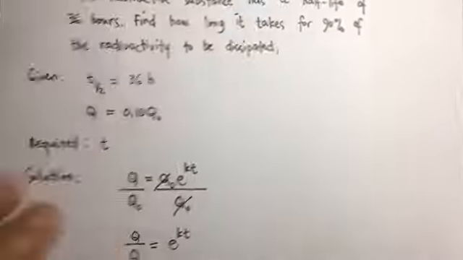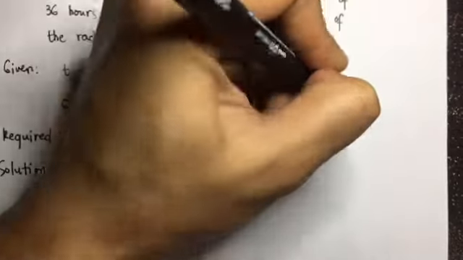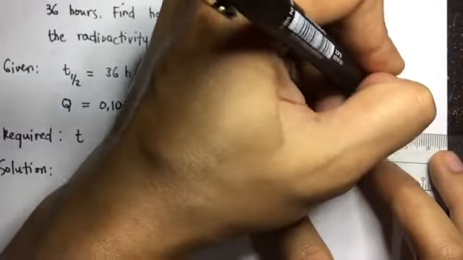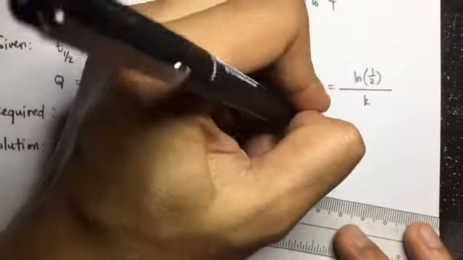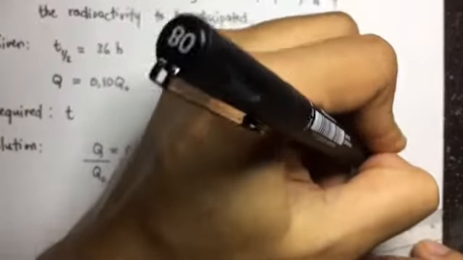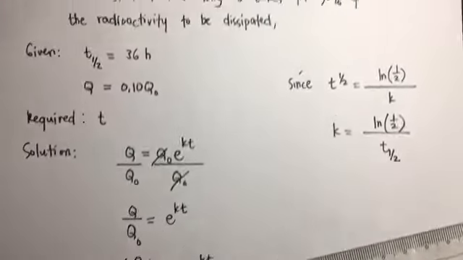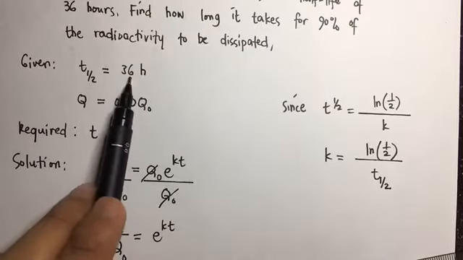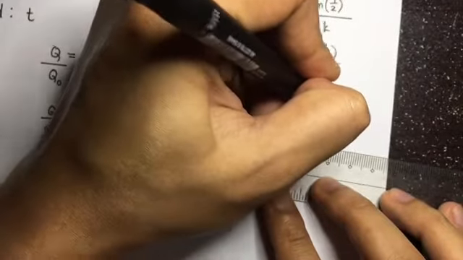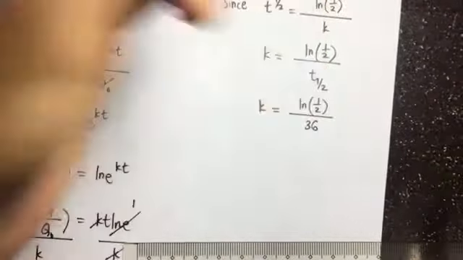Since t1/2 is equal to ln of 1/2 over k, cross multiplying, k is equal to ln of 1/2 over t1/2. Since the half-life is 36 hours, k is equal to ln of 1/2 over 36.